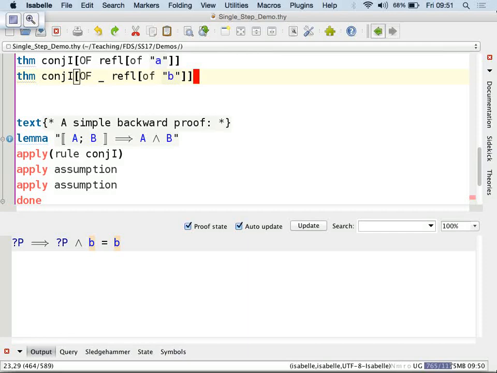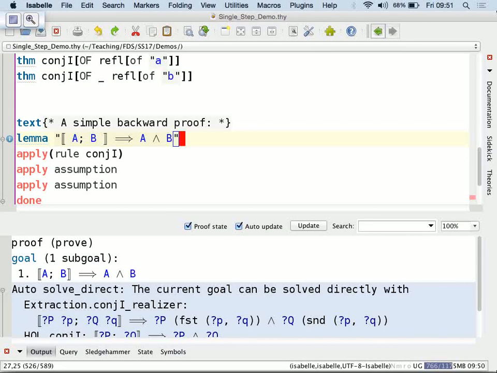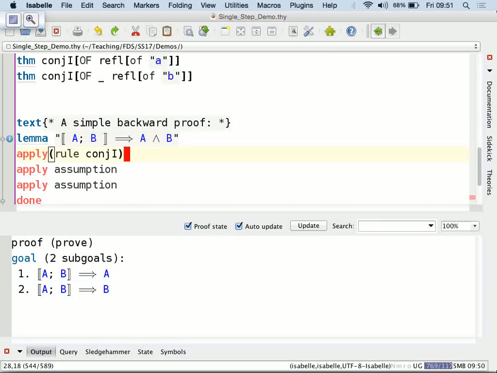And here's just an application of the conjunction introduction rule now in a backward manner. This was forward: from some facts like A equals A, we deduced other facts. Here we're going backwards. So if you now apply the conjunction introduction rule, you get two subgoals.